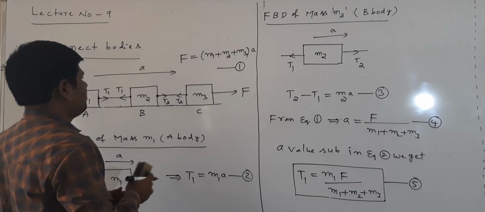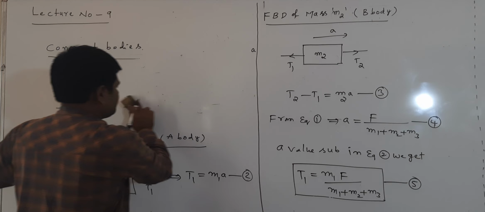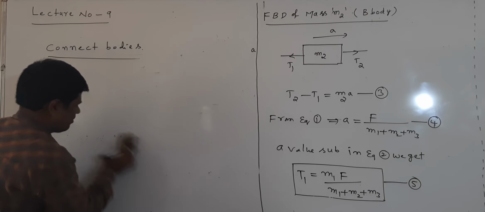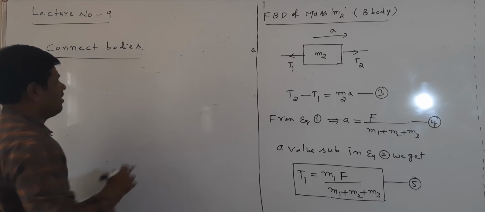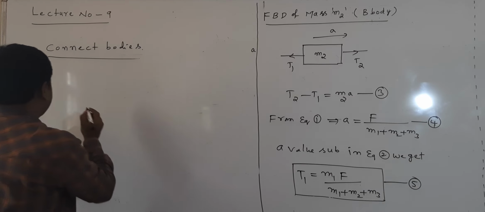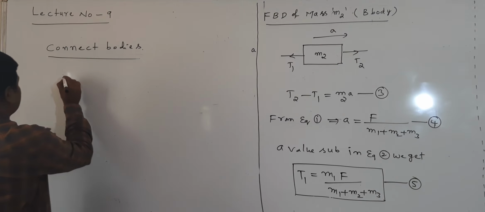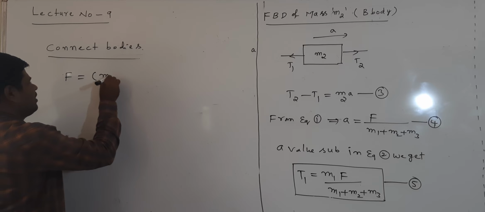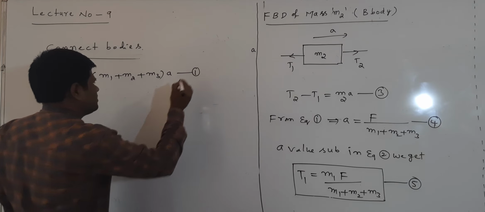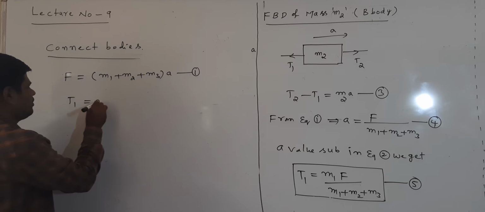Now similarly we find the tension in the second string. How to find the tension in the second string here? Already we have equation 1, that is F is equal to M1 plus M2 plus M3 into A. Now equation 2 is T1 is equal to M1A.